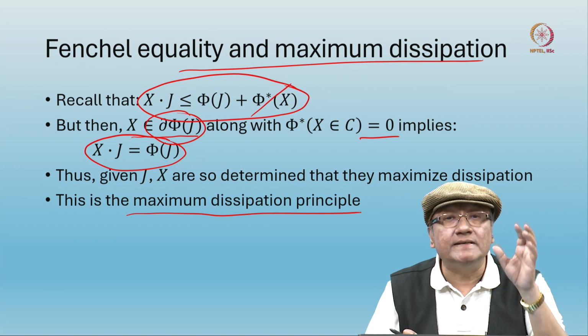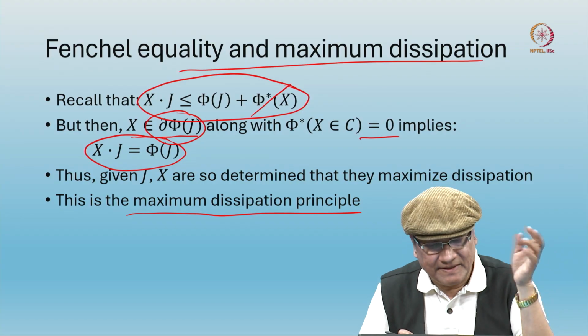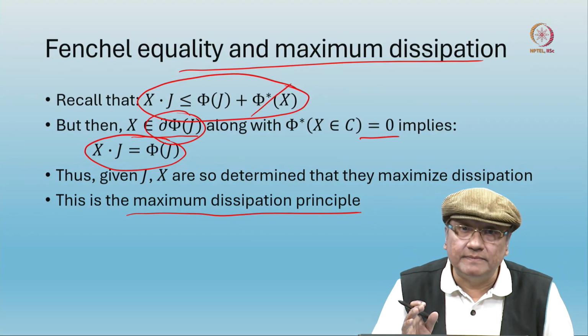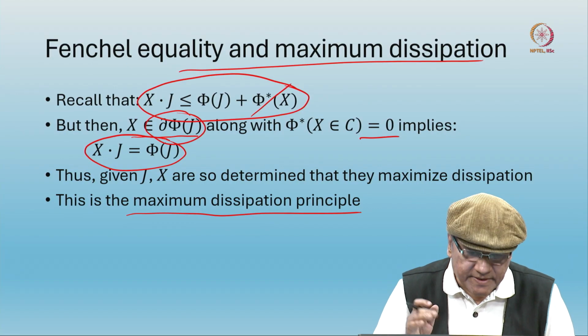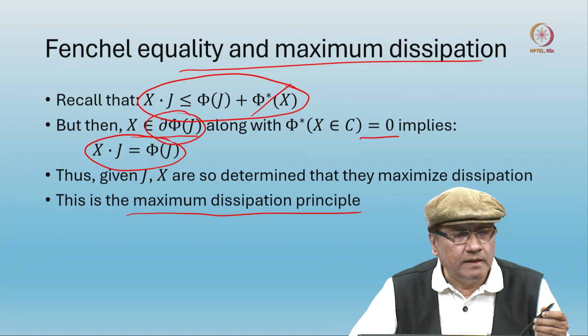The uncertainties, whatever are there, have to be maximized in some sense. This is basically the maximum dissipation principle. This is consistent with this maximum entropy principle, okay.